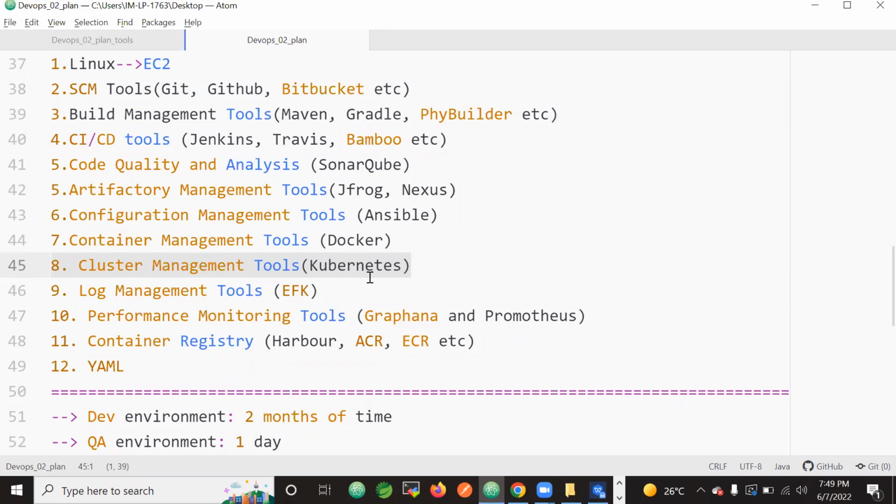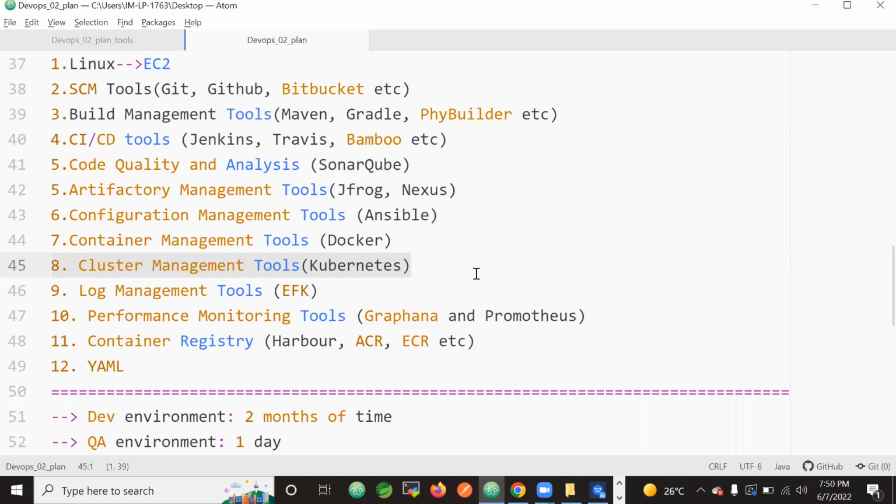Nowadays in DevOps with AWS, or at least in the DevOps practice, I'm pretty sure if there are 100 members, only 10 to 15 are experts in Kubernetes. The remaining 85 to 90 don't even have knowledge of Kubernetes. And if you are a certified Kubernetes developer or administrator, you will be highly in demand and highly payable.